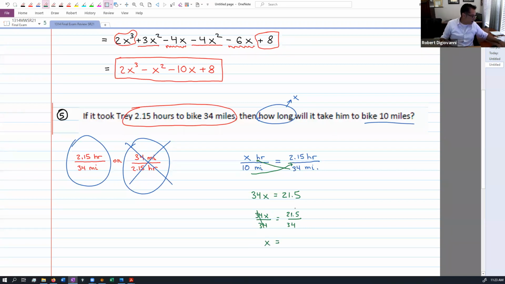This is where you need your calculator. I get 0.632. I'm just going to go 2 decimal places, 0.63 hours. Remember, we were saying how long does it take them? Questions there?